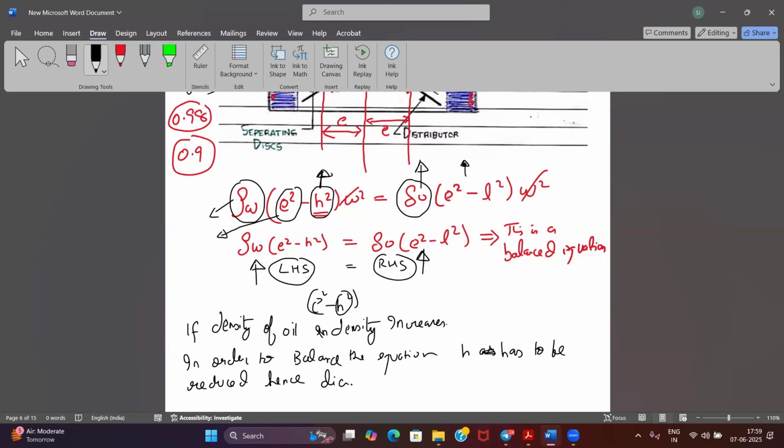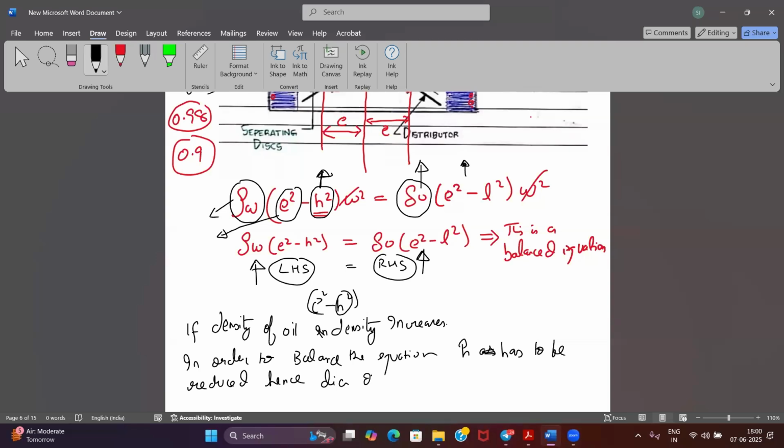Normally it is known as balance equation only. And if there is something more, I will check the numerical part once. I don't even remember now. Okay, I'll check it. So, in order to balance the equation, h has to be reduced.